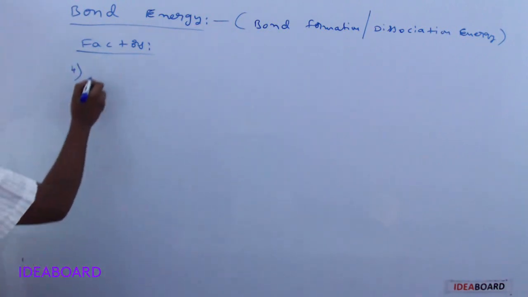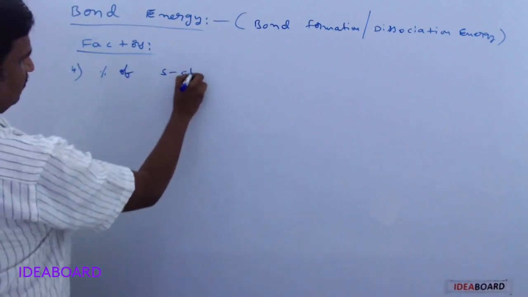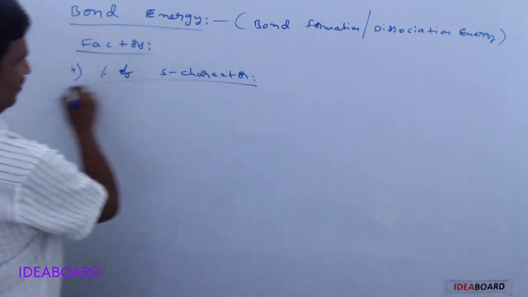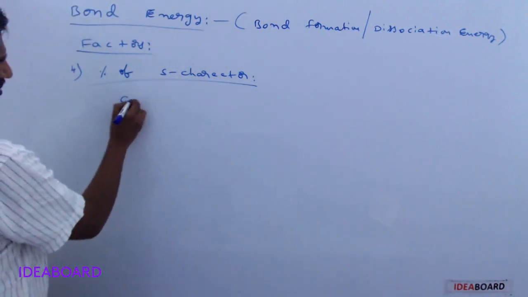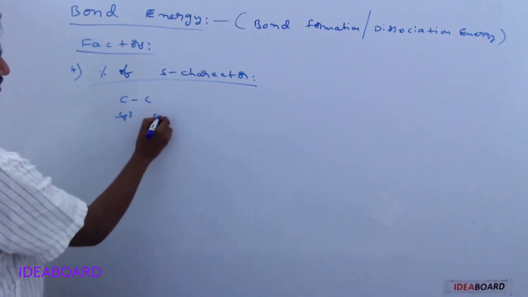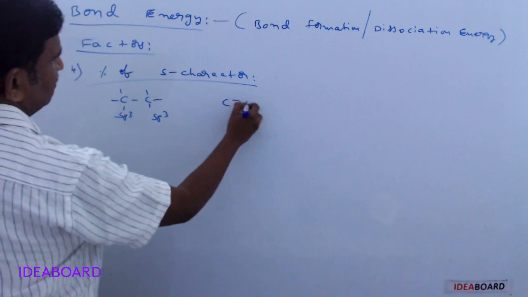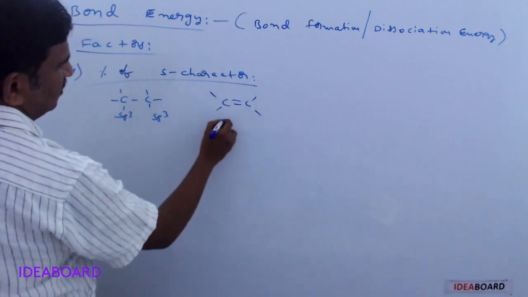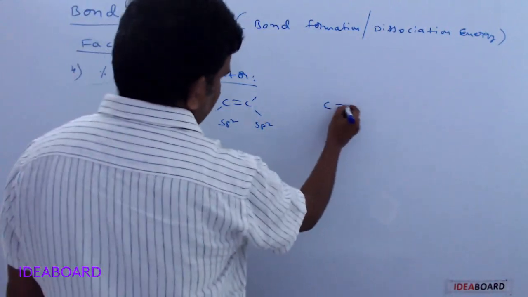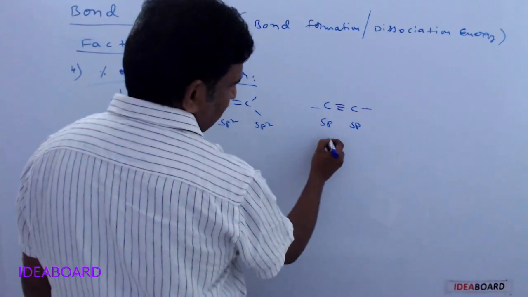Fourth point: percentage of s character. When we take C single bond C, it is sp3 and sp3. Here C double bond C is sp2, sp2. C triple bond C is sp, sp.